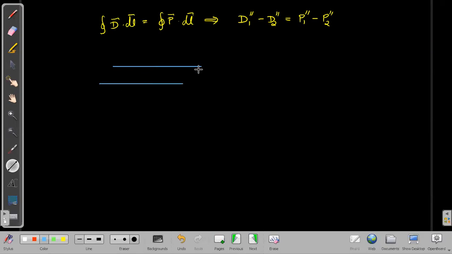How to consider a boundary? Instead of taking a Gaussian pillbox, here you have to consider a line integral, so a closed loop I have to consider.